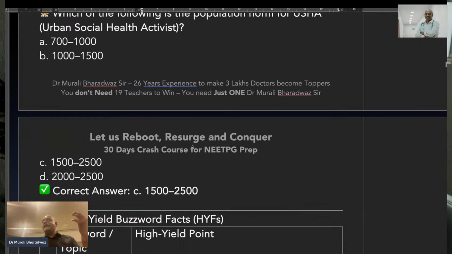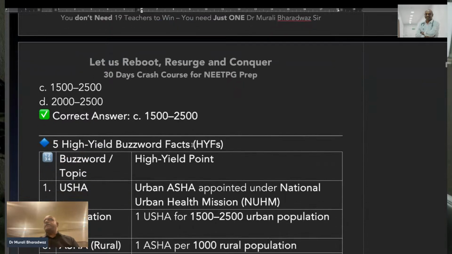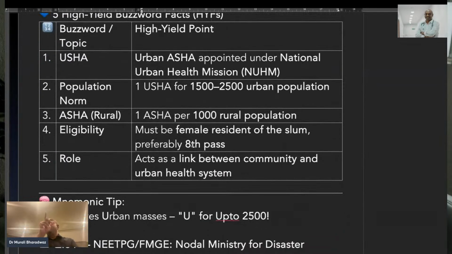Urban social health activist is Usha. One Usha per 1500 to 2000 urban population. One Asha per 1000 rural population. Usha is nothing but urban Asha, except here it is 1000 for rural and there 1500 to 2500 for urban.